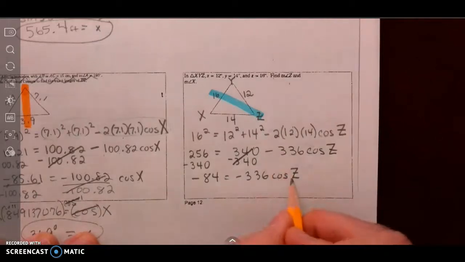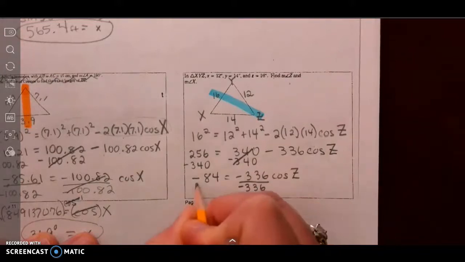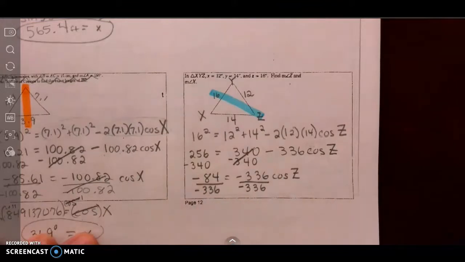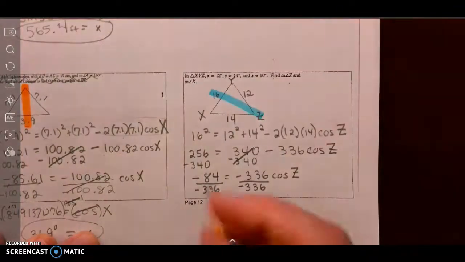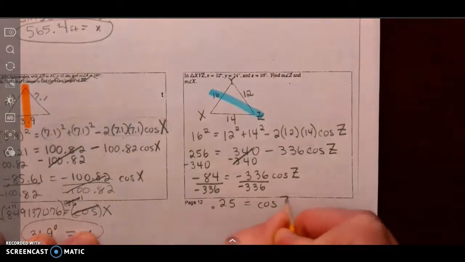So, still trying to solve for cosine of z, so I'm going to divide both sides by negative 336. Negative 84 divided by negative 336, and I get 0.25 equals cosine of z.